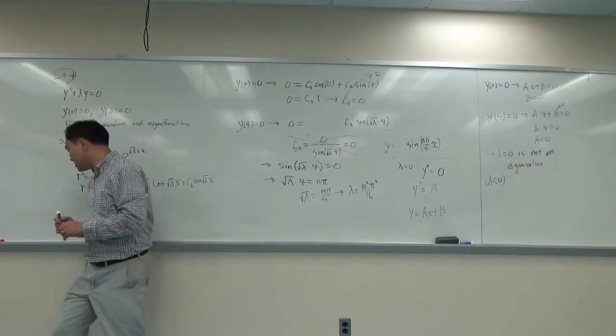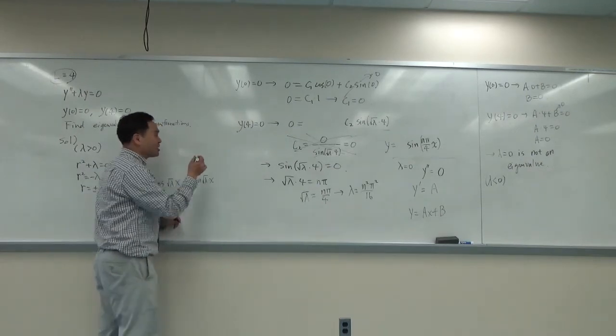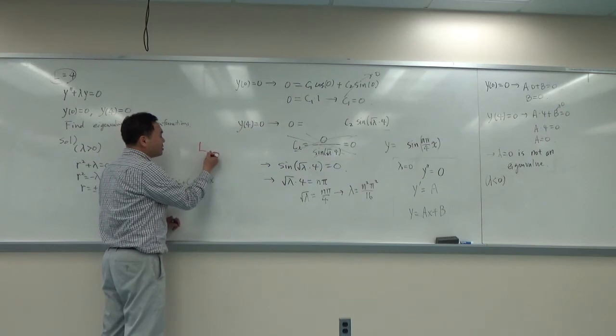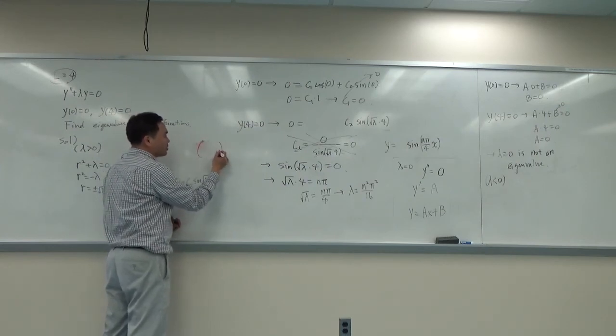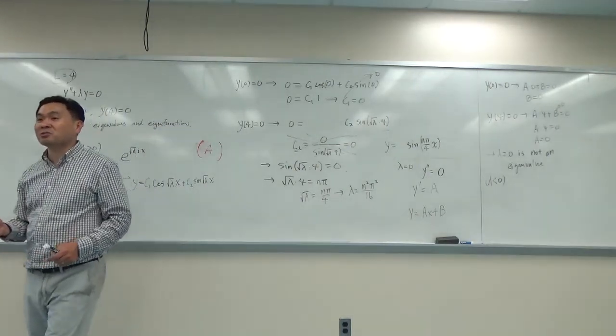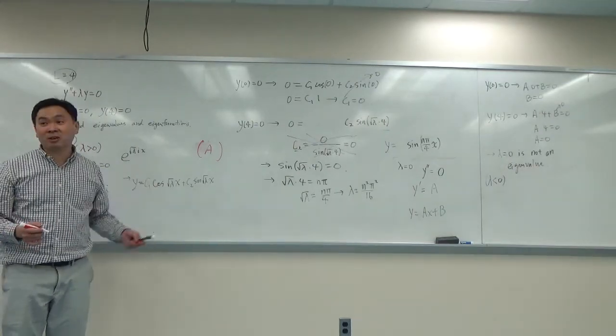I wanted to finish early, but because we have to take the quiz too, right? So if you have some matrix A, what's the equation for eigenvectors? V is an eigenvector of A. What does that mean?